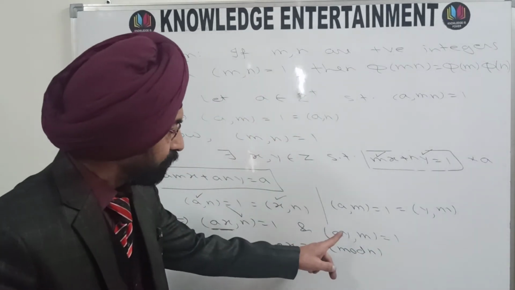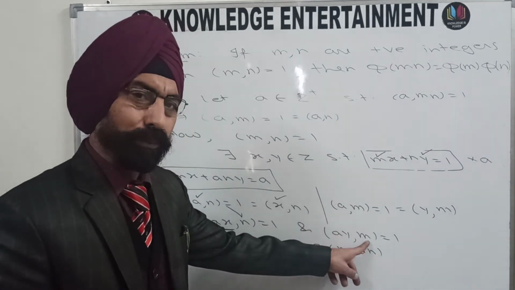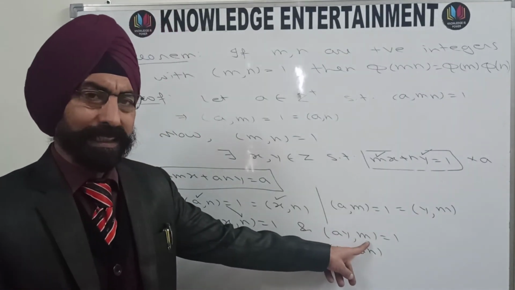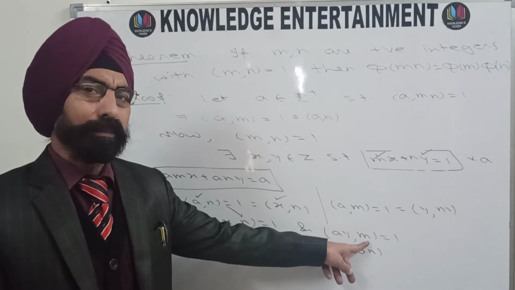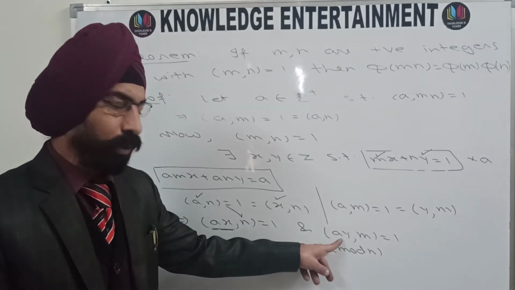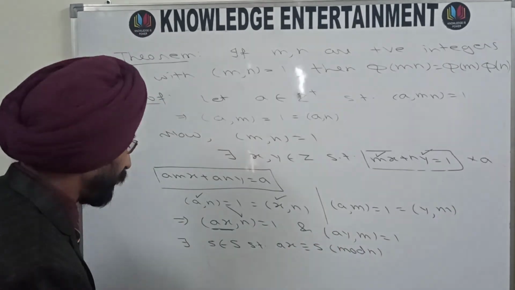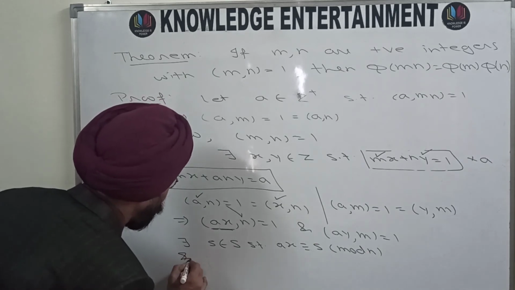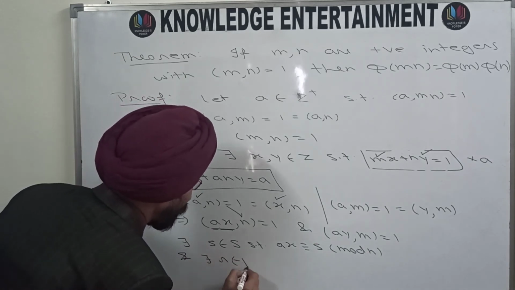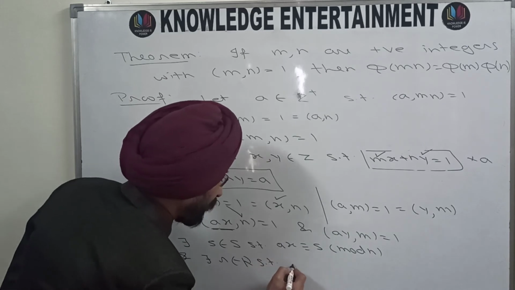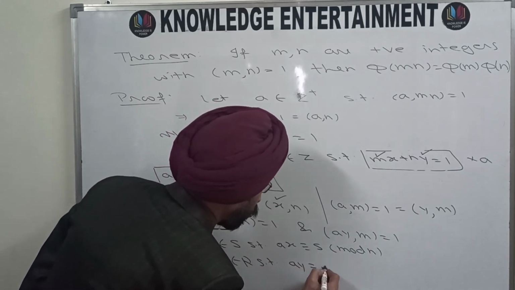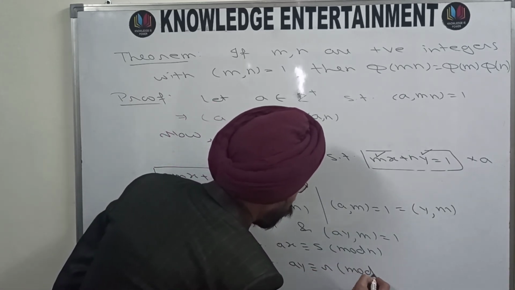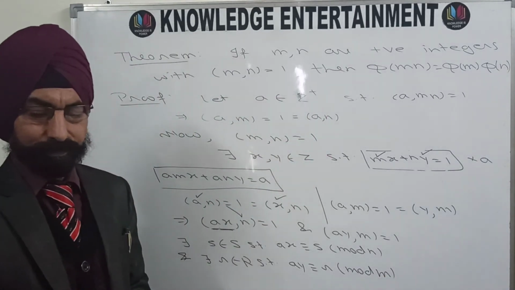And similarly, ay is co-prime to m. That means in the reduced residue system modulo m, there will be a member r which is congruent to ay modulo m. So there exists r in the set R such that ay is congruent to r modulo m.